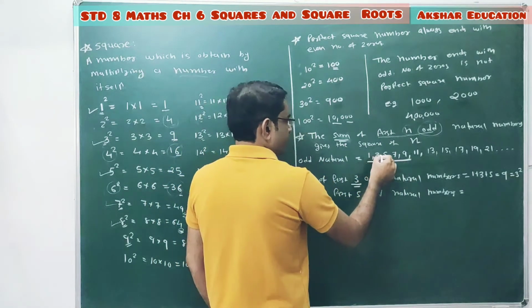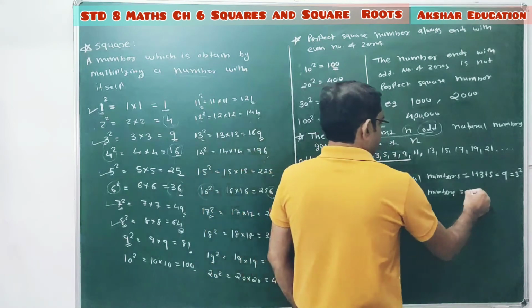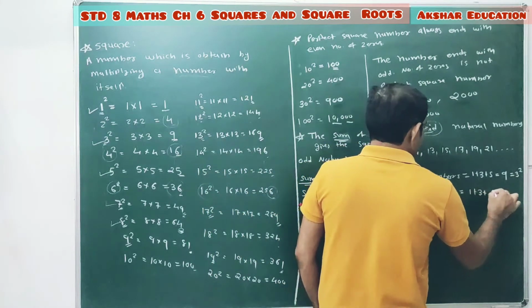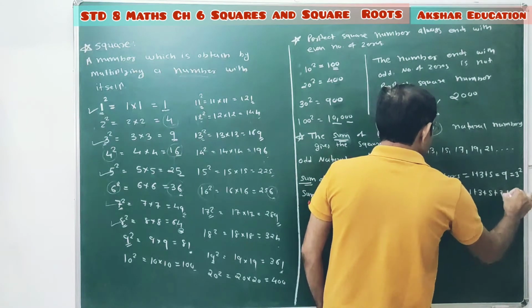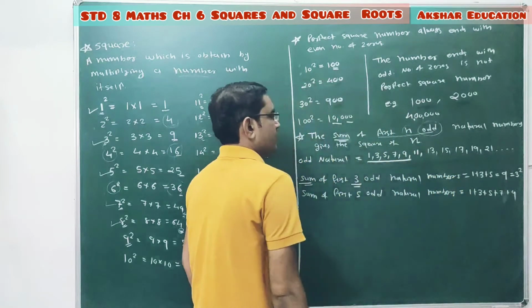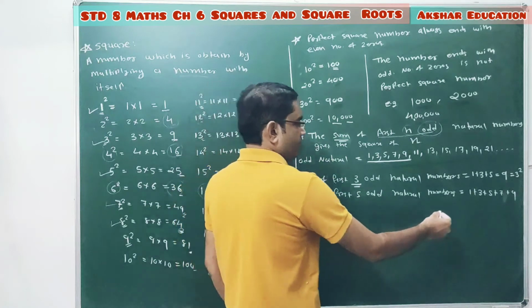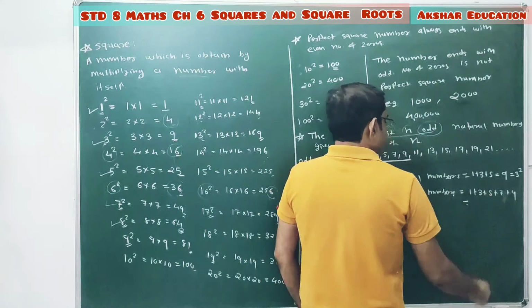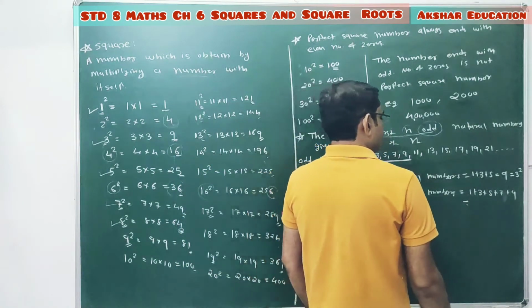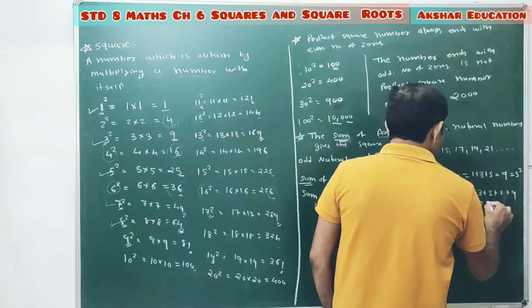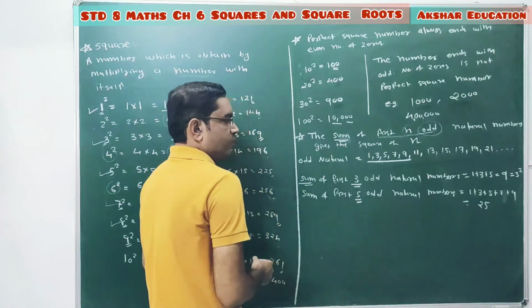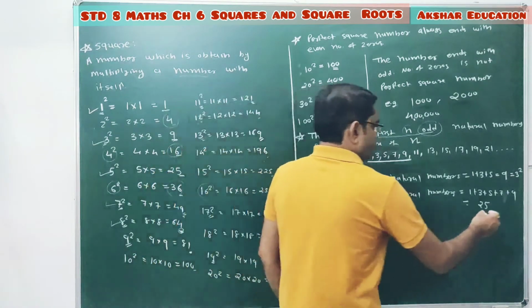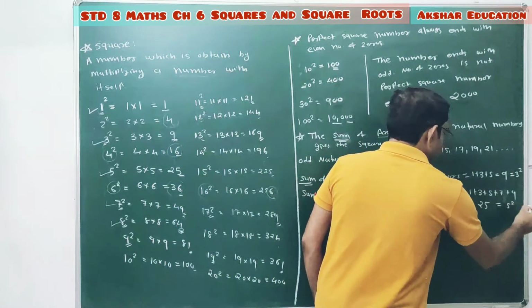So it's a 1, 3, 5, 7, 9. उसका एडिशन 1 plus 3 plus 5 plus 7 plus 9. What is the addition? 4, 9, 16, 25. So here sum of first 5 odd natural numbers is 25, which is nothing but the 5 square.